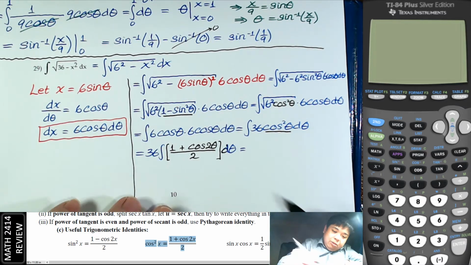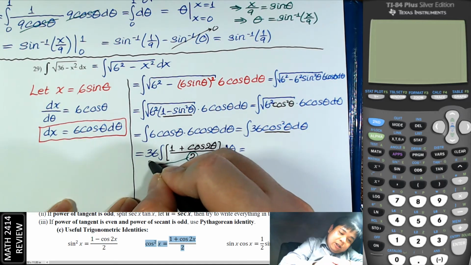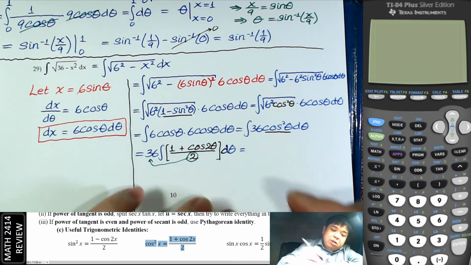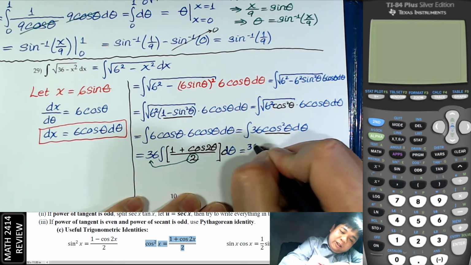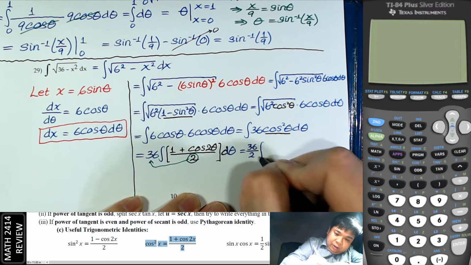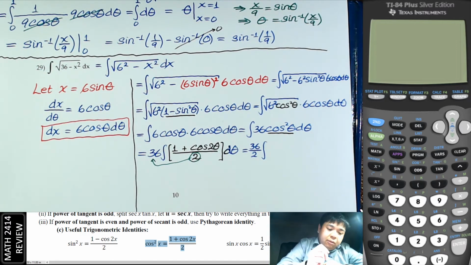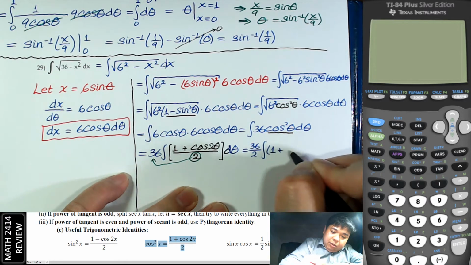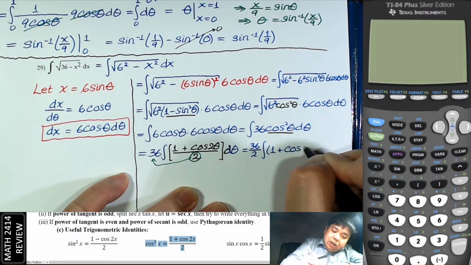Take the 2 outside. At the bottom, 36 over 2. It's fine, let's just write 36 over 2 for now. And that gives us 1 plus cosine of 2 theta d theta.